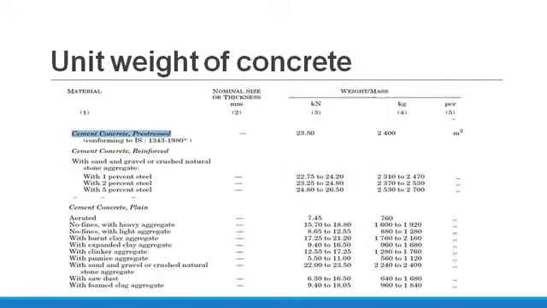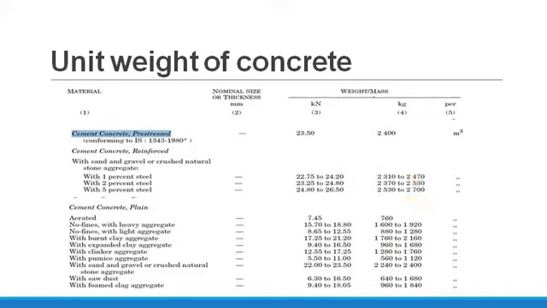IS 875. Similarly, if we go for the unit weight of concrete, for different percentage of steel, with 1% steel, 2%, 5%, the weight and the mass are given in these tables.